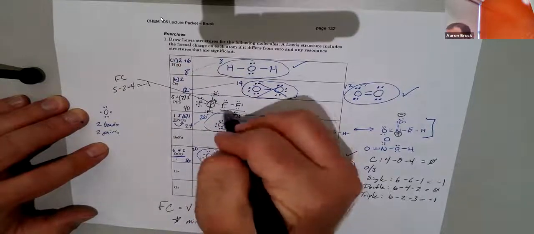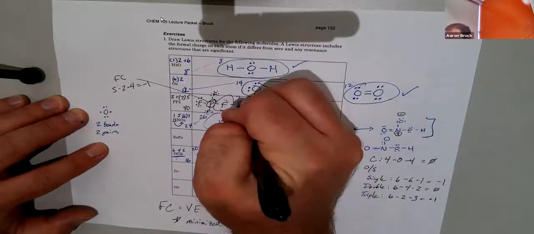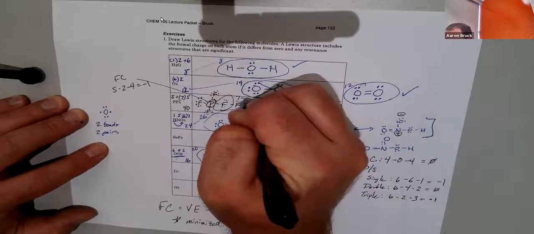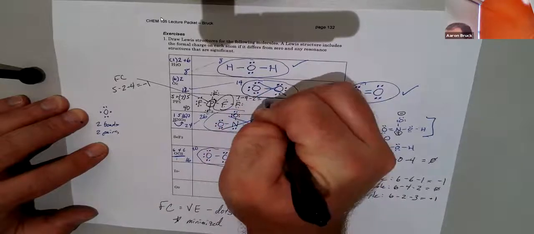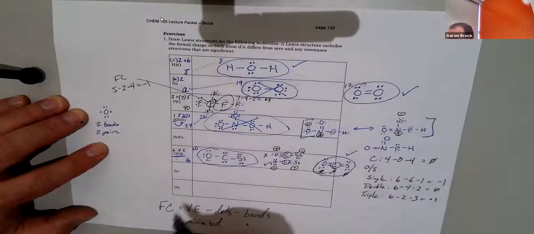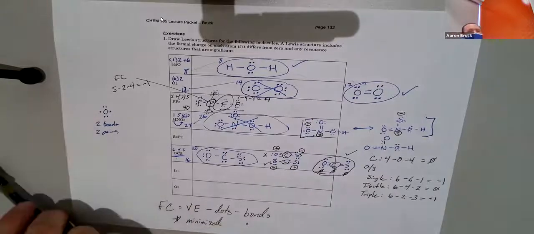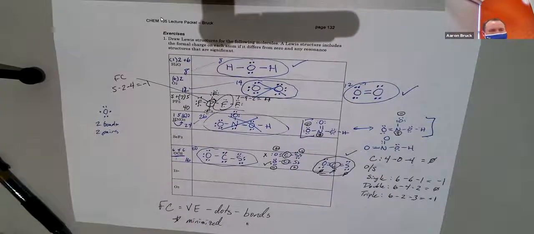That's a -1 charge. If I look at this fluorine, I have 7 valence electrons, minus 4 dots and 2 bonds, +1 charge. And this is problematic also. It puts a positive charge on a fluorine atom.